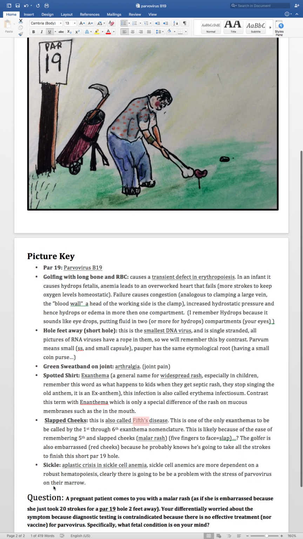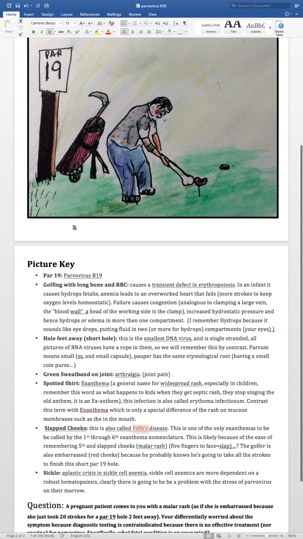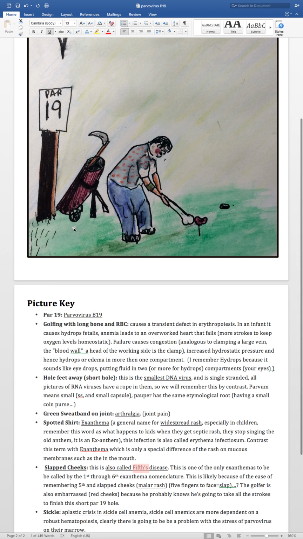You see the sickle. This is just to remind us that for sickle cell anemics, you're going to have a special case. Maybe this argument with the transient defect in erythropoiesis is enough to help you remember that sickle cell anemics are also going to have a problem.